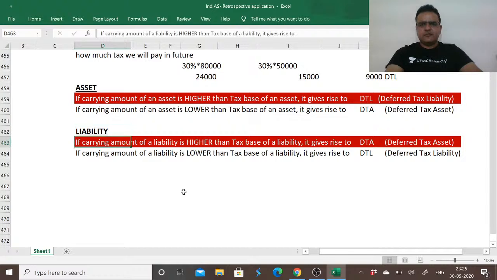If carrying amount of an asset is lower than tax base of an asset, it gives rise to DTA. In case of a liability, it is opposite of what happens with asset. If carrying amount of a liability is higher than tax base of liability, it will give rise to DTA, opposite of what happened with asset. In case carrying amount of a liability is lower than tax base of liability, it will give rise to DTL, opposite of what happened with asset.